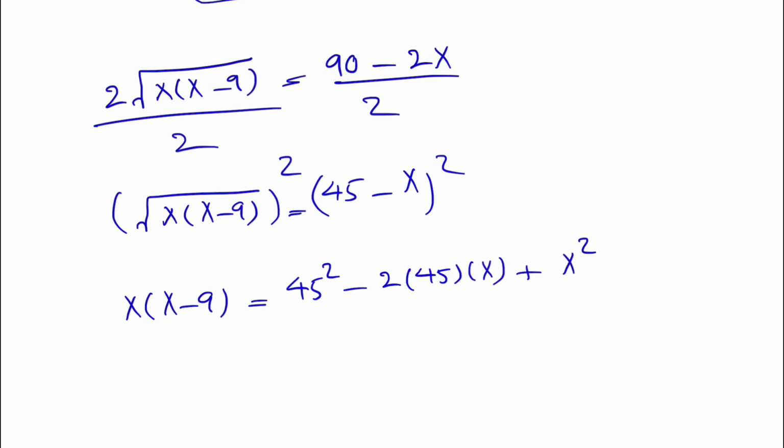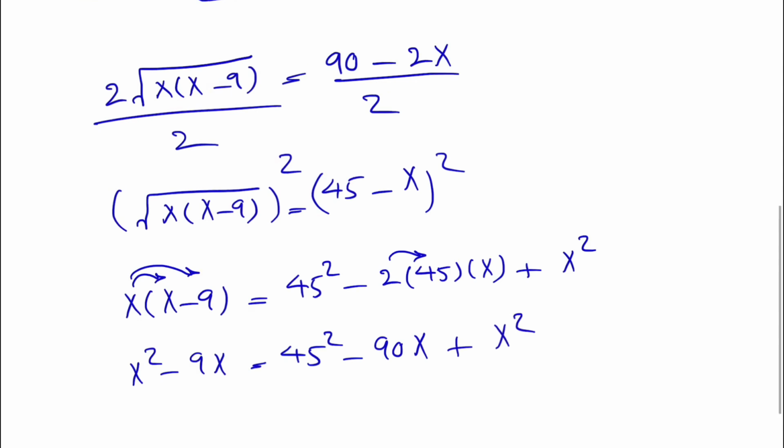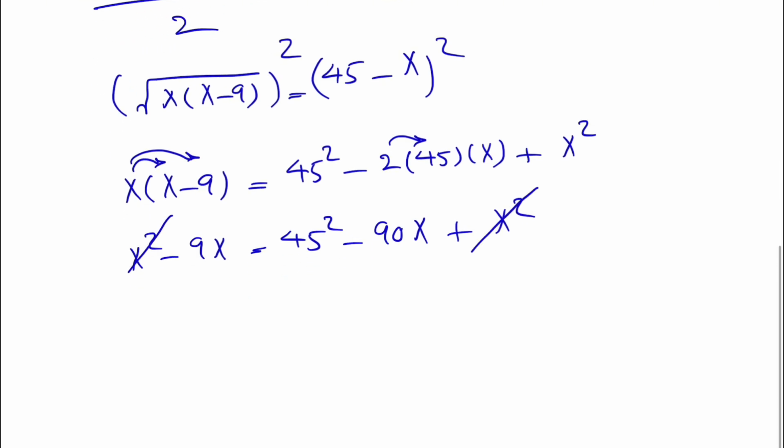So we can see from the left side we have x times x, which is x squared, minus 9x, is equal to 45 squared minus 90x, so basically 2 times 45, plus x squared, so we can cancel out the x squared on each side, and we're going to bring the 90x to the left side, so we'll be positive 90x minus 9x is equal to 45 squared, which is basically 45 times 45.